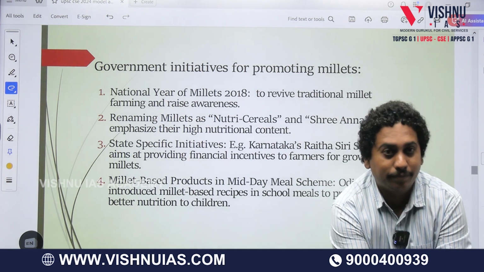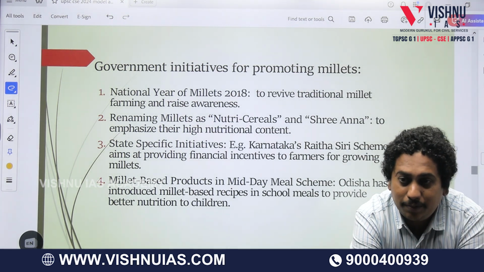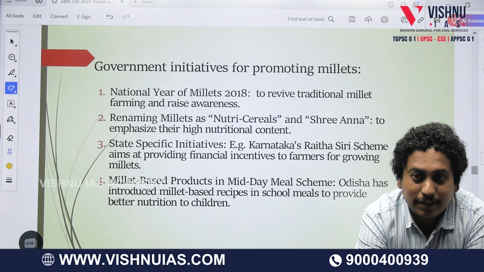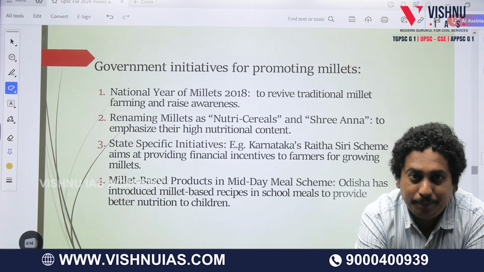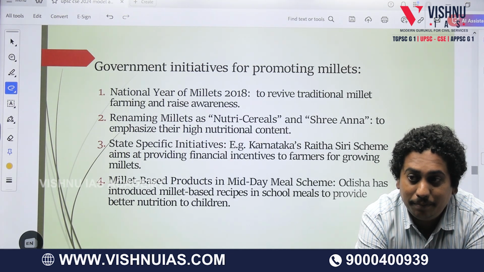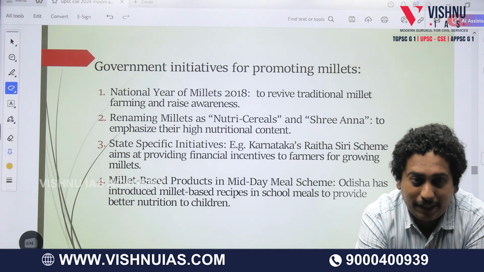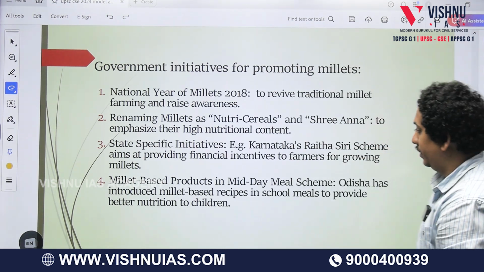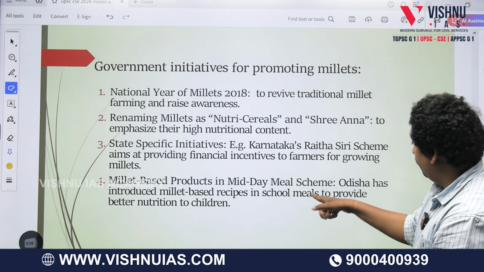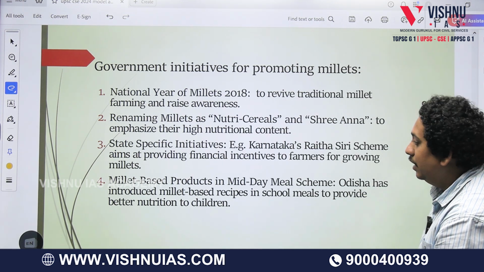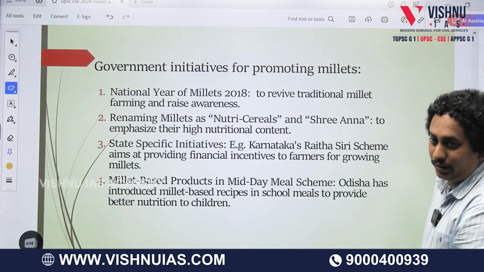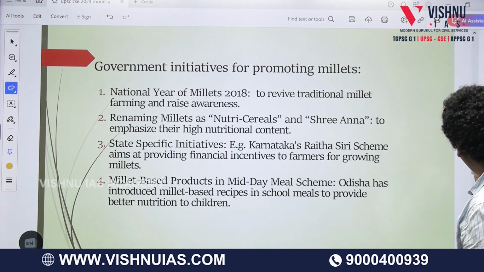Telangana has also brought in a breakfast scheme. Andhra Pradesh has brought millet meals, once a week. Okay, likewise state initiatives also you could have mentioned. Midday meal scheme: Odisha has introduced millet based recipes in school meals to provide better nutrition to children. So some initiatives like these you could have written.